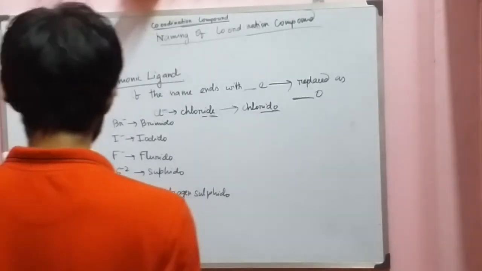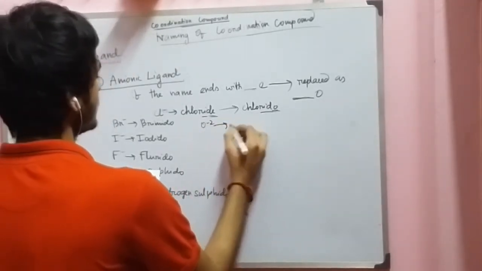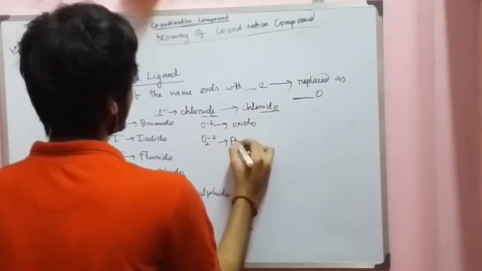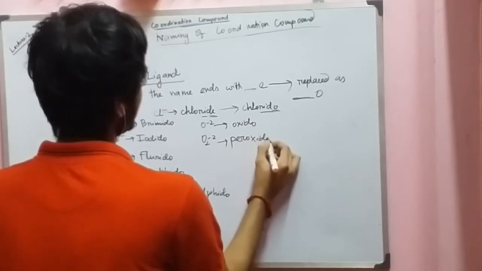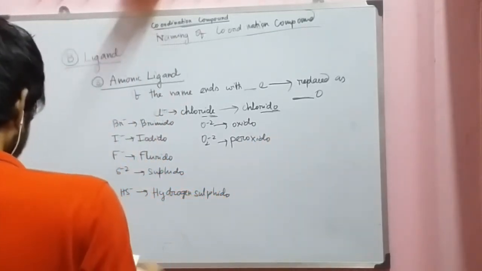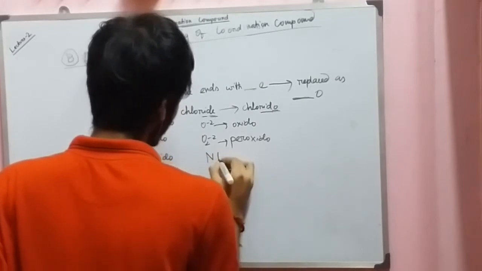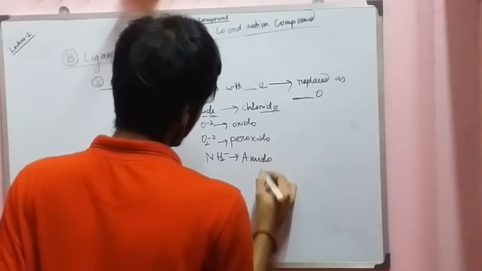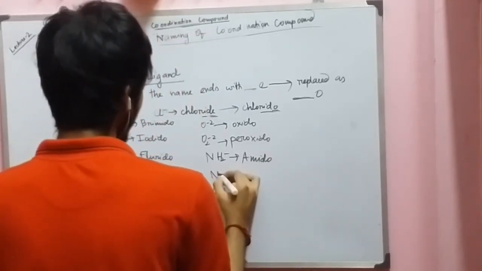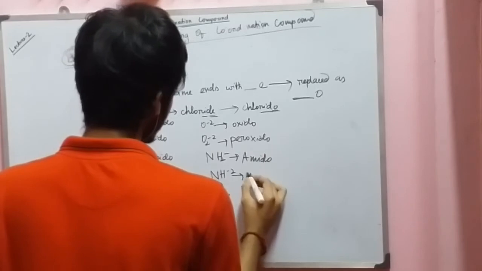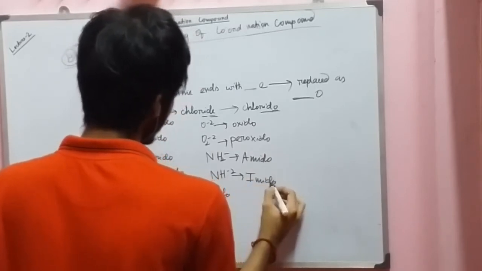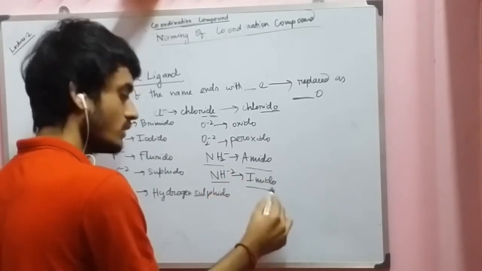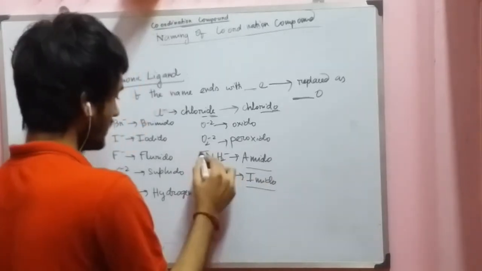Okay, then O 2 minus is oxido, O2 2 minus is peroxido. Then NH2 minus is amido, NH 2 minus is imido. Look here, NH2 minus is amido, but NH 2 minus is imido. Remember, this is important.